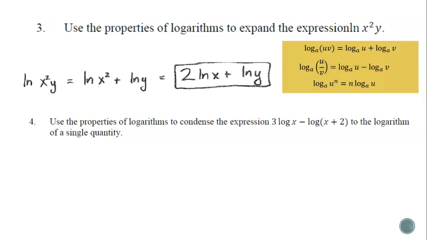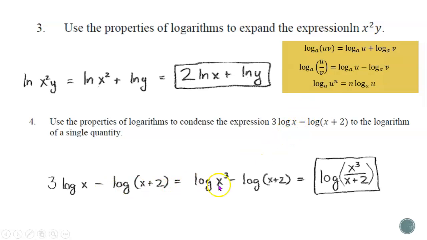First I can use property 3 to rewrite 3 log x as log of x to the 3 power. And then I can use property 2 to rewrite the log of something minus the log of something else as the log of the first thing divided by the second thing. So we get log of x cubed over x plus 2.